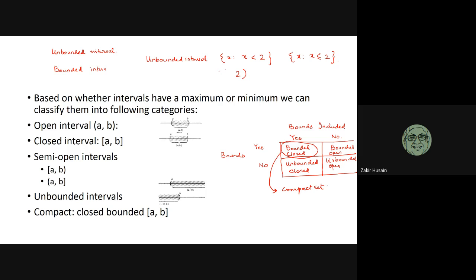As you have correctly said, we have to put in the minus, minus infinity. So we put in a square bracket over here. But because it is unbounded, it is going on to minus infinity and we keep it open. So this set doesn't have any boundaries, but these are open.